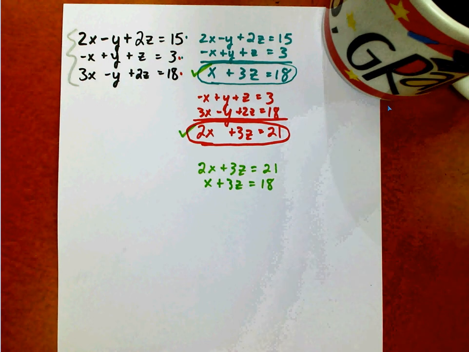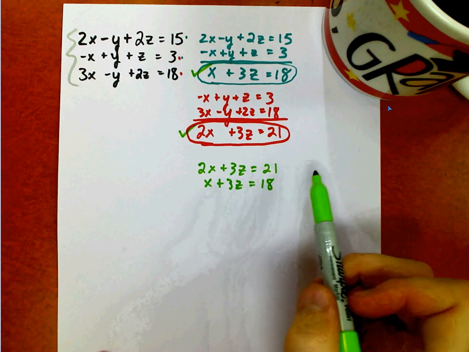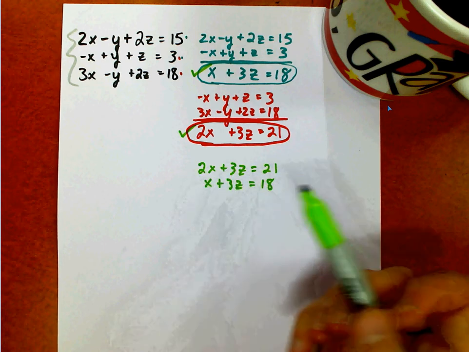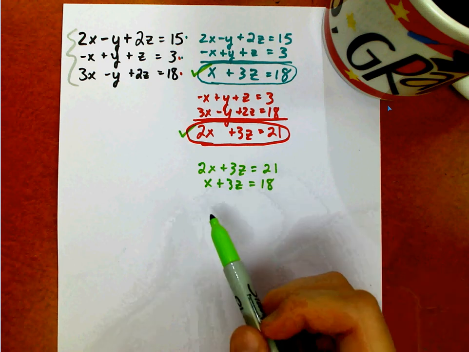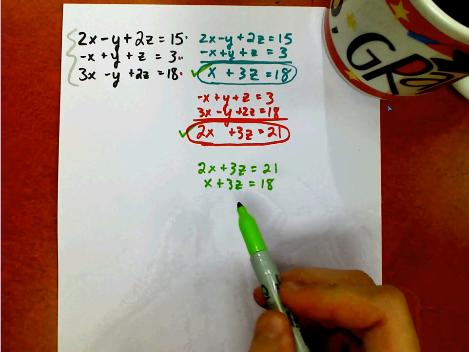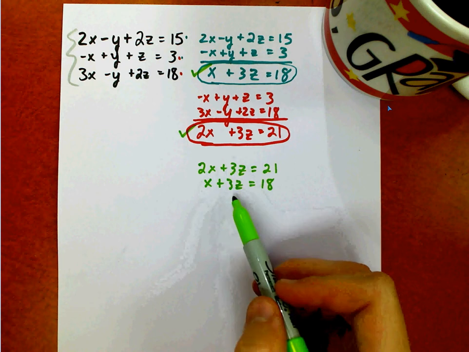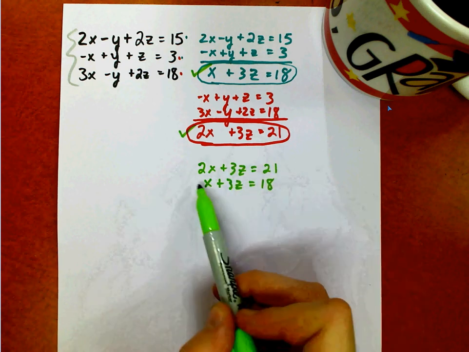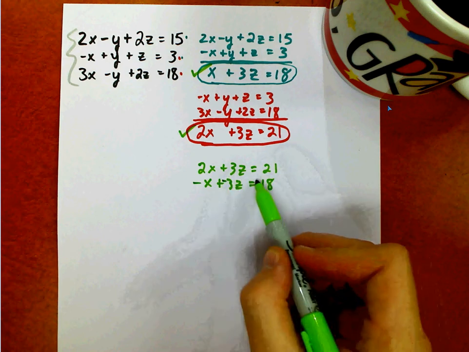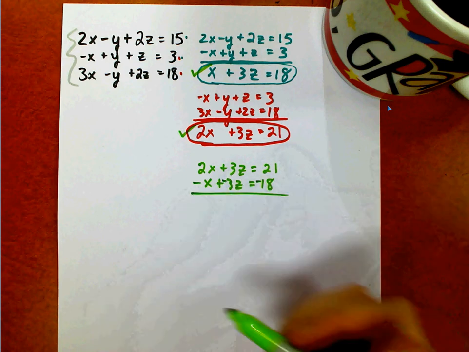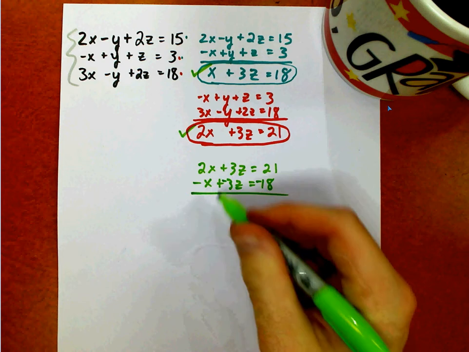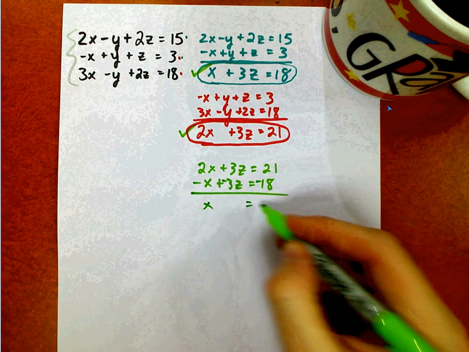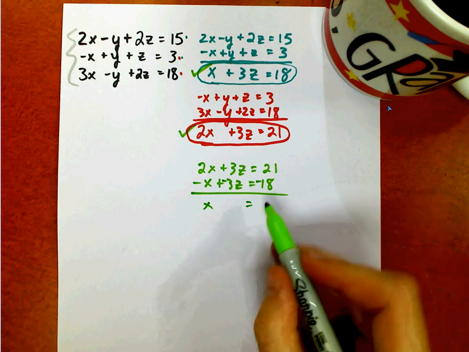Well, nothing cancels out because the coefficients are not additive inverses of each other, so we can make that happen simply by multiplying one whole equation by negative 1. If you want to get the z's to cancel out, that'd be really easy. So multiplying by negative 1 just changes the sign of all these, and pretty easily we can just add down now, leaving us with 1x. Z's disappear, is equal to 3.